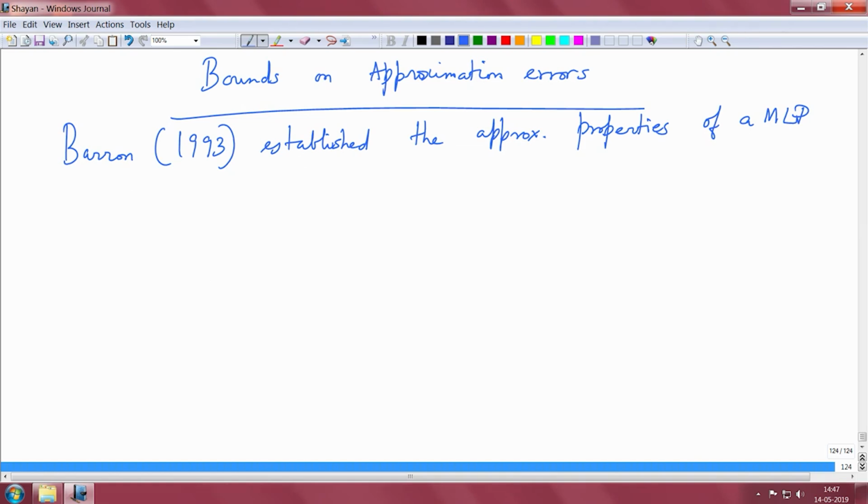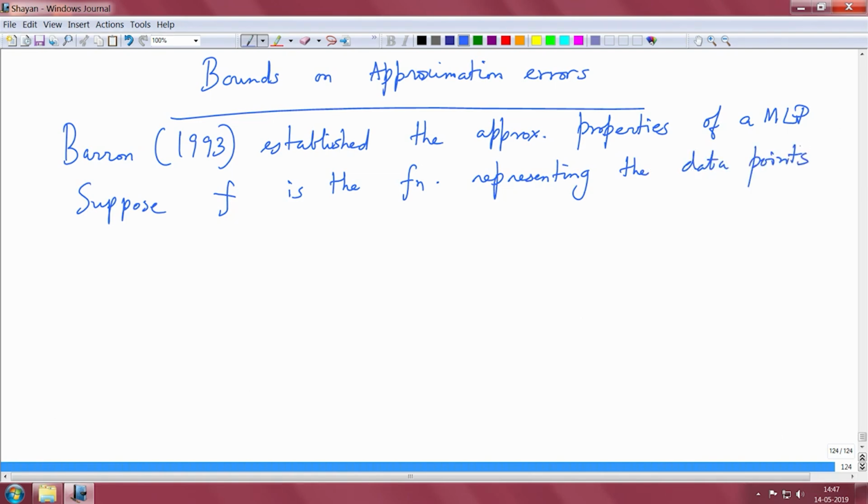When given a set of data points sampled from a function, the network gives an approximating function, right. Suppose f is the function representing the data points, right. This is basically the true function.